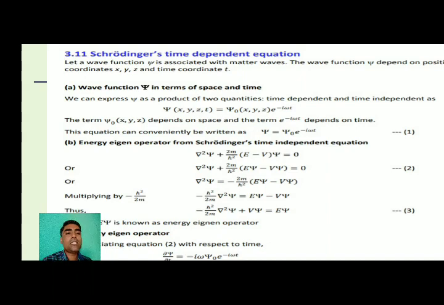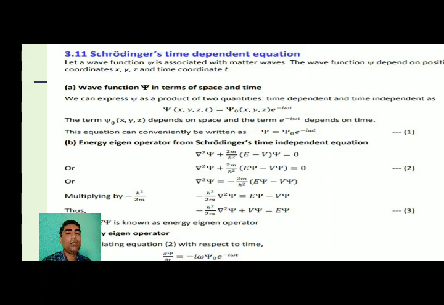which is del square of psi plus twice m by h cross square into (E minus V) times psi equal to 0. Now for this time independent wave equation, we have to separate out the term of E and the term of V, meaning the term of total energy and the term of potential energy.